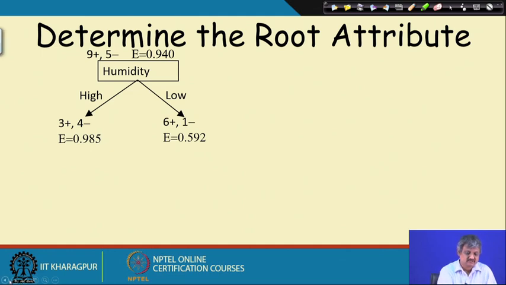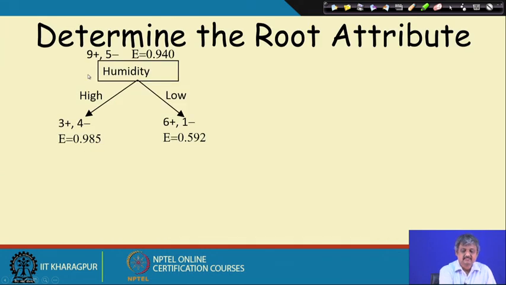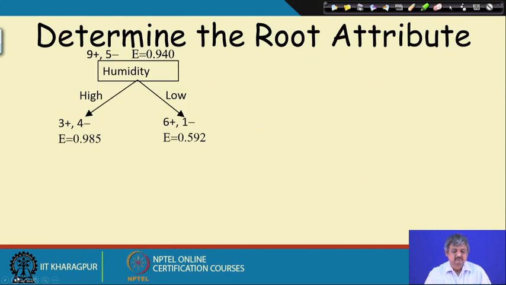For example, out of the 14 examples, 9 belong to the plus class, yes class, 5 belong to the no class, and if we split on humidity, let us say there are 2 groups, high and normal, and if you count, 7 examples have humidity high and 8 have humidity normal.